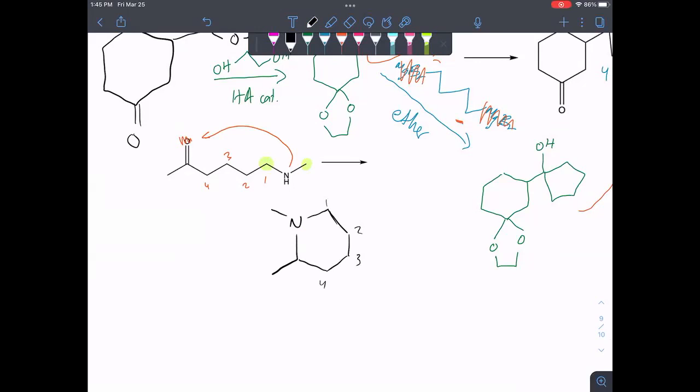Okay, but there's one important thing for enamine formation. So with an imine, we thought the double bond was part of the nitrogen carbon bond. In this case, we still have to do a double bond, but it's not going to be directly attached to the nitrogen. It's going to be on one of these side carbons or coming from one of those side carbons.